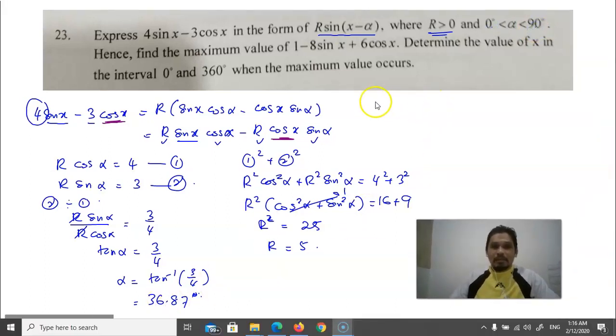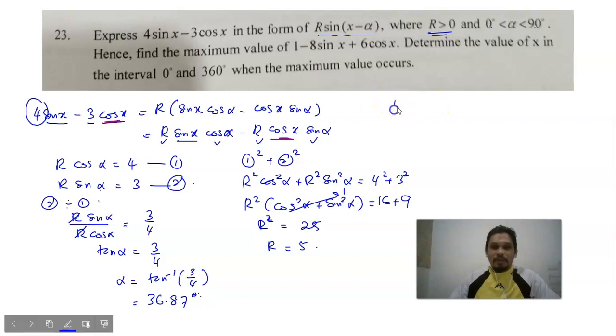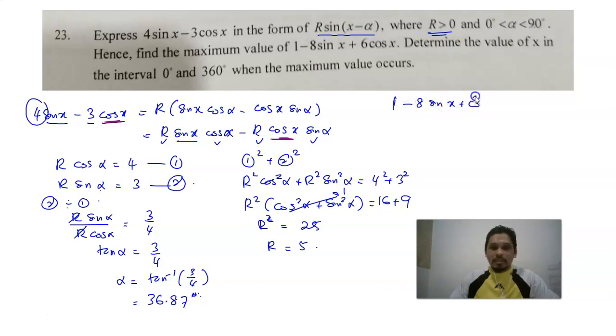And now find the maximum value of 1 minus 8 sine x plus 6 cos x, equal to 1 minus 2 times (4 sine x minus 3 cos x).